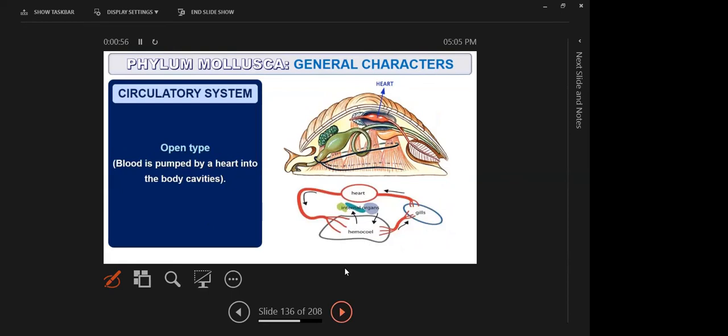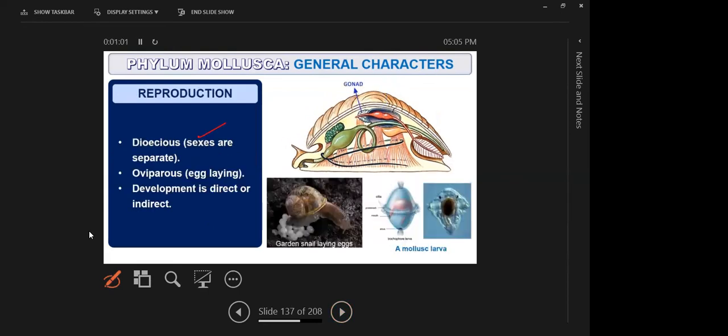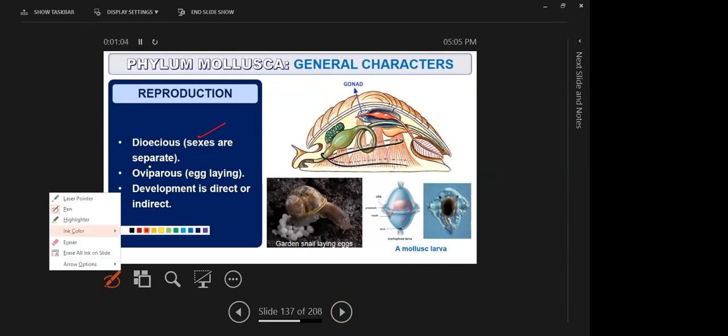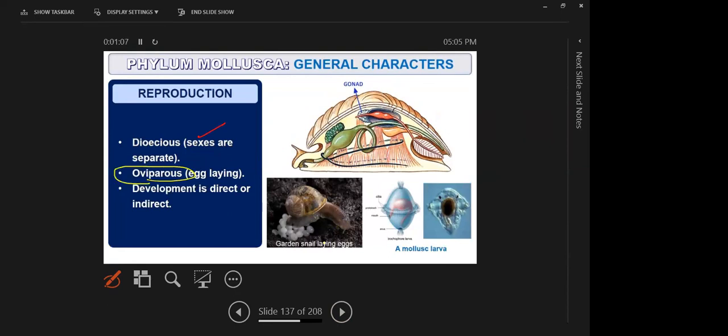Dioecious, sexes are separate. They're oviparous, that means egg laying. Can you see the snails laying eggs just like pearls? Soft eggs. This is a molluscan larva, development either direct or indirect.